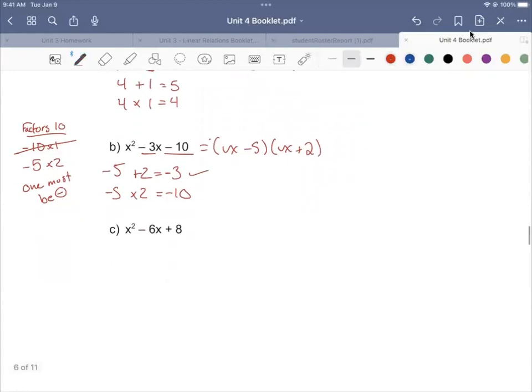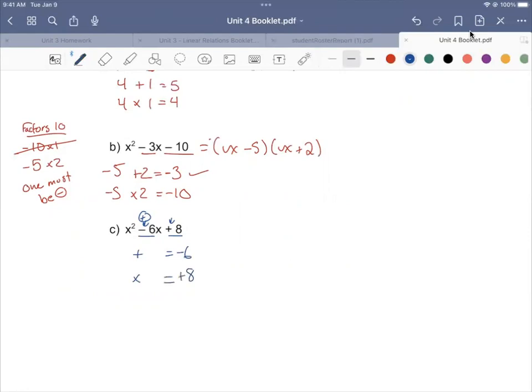If I take a look at my next one, I have negative 6 and positive 8. So they have to add to a negative and they have to multiply to a positive. So I know that something plus something must equal negative 6, and something times something must equal positive 8.